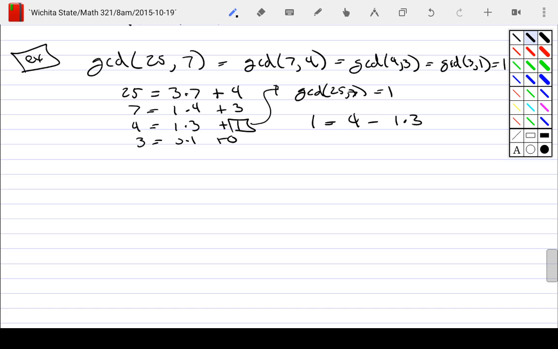Now what I'm going to do is go backwards and see what happens. But what's 3? 3 is 7 minus 1 times 4, right? So that tells me that my 1 is equal to 4 minus 1 times 3, but 3 is 7 minus a 4. How many 4s do you see?